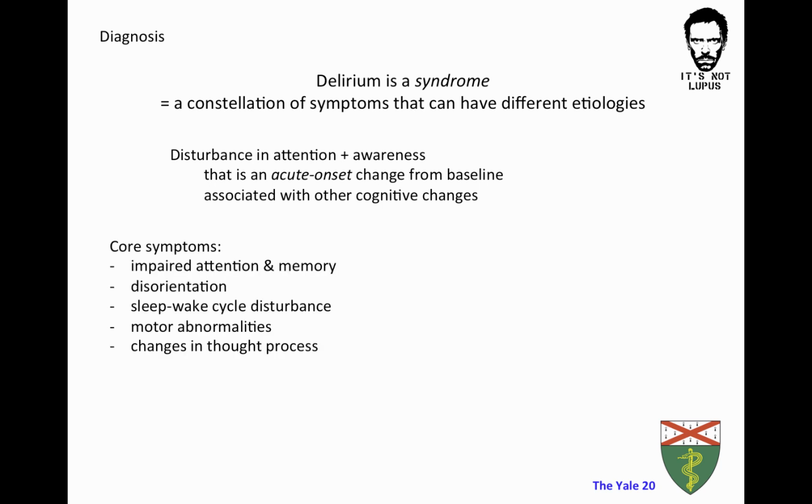Core symptoms include impaired attention, people seem distractible, impaired memory, impaired language, motor abnormalities, disorientation, and changes in thought process. Less common are visual and other sensory hallucinations, or affective lability, which means a change in emotional state or appearance within minutes, unrelated to context.